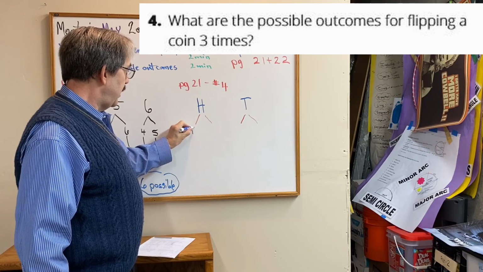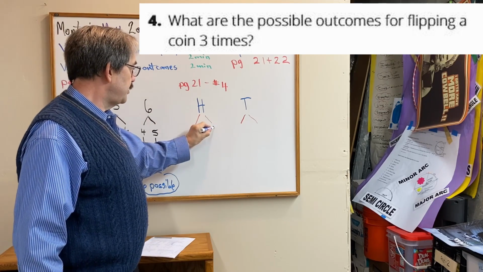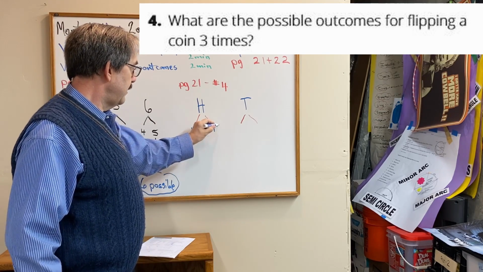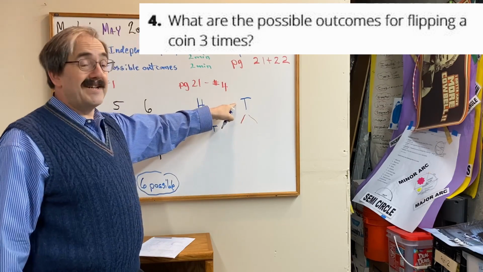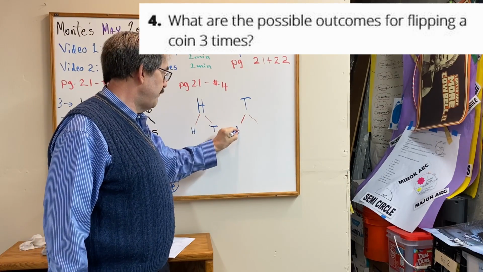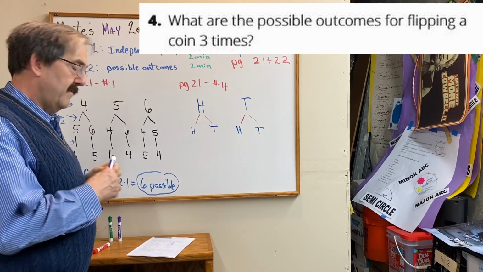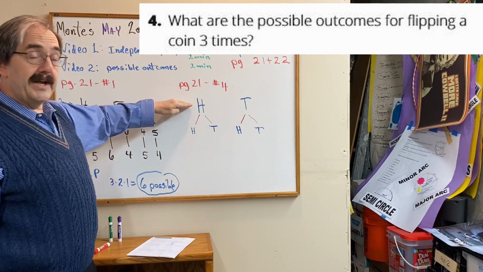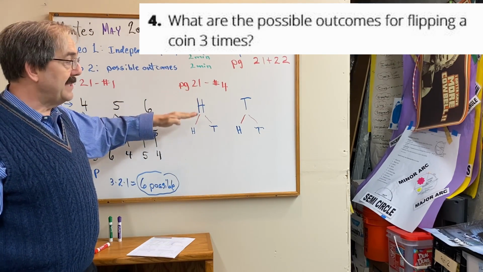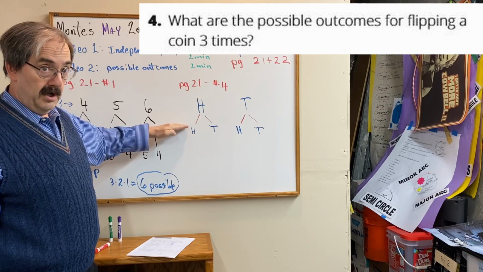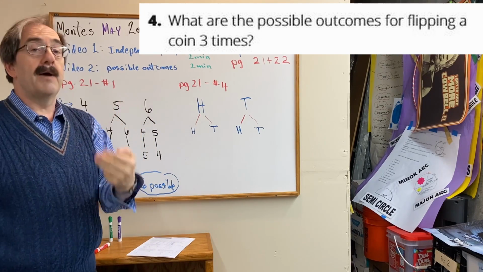We could go H, H, or H, T. If we flip the tail, then the next time we flip it, H or a T. See the possible combinations? First we had 2, and then it doubled to 4. When we do it the third time, what's going to happen?